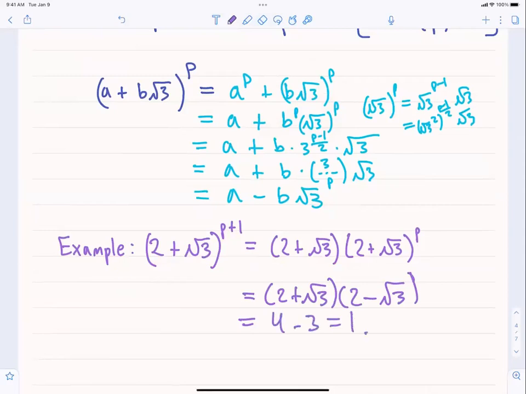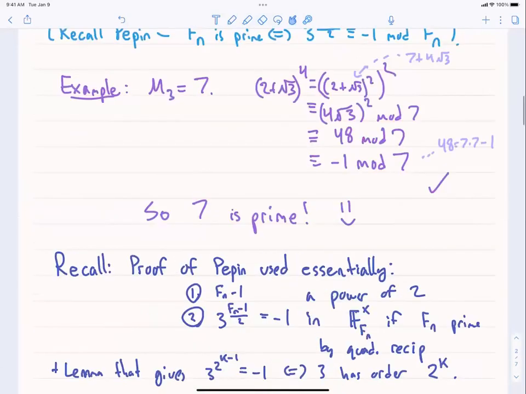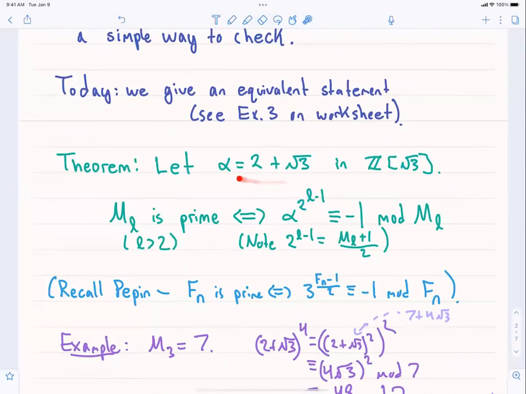Okay. So this is really great. This is exactly what we needed. This is mod p. Because remember, this 2 plus square root of 3 is the element that was appearing in the statement of the theorem.